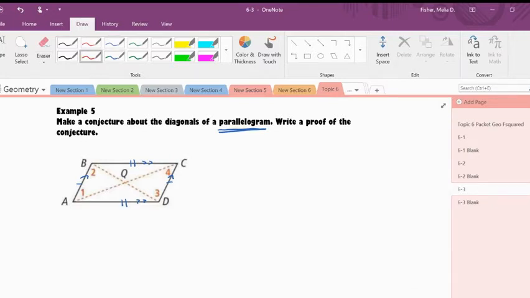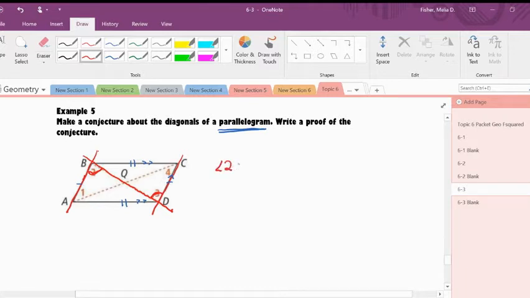We also know that BD is a transversal of those two parallel lines, meaning that angle 2 and angle 3 are alternate interior angles and congruent.